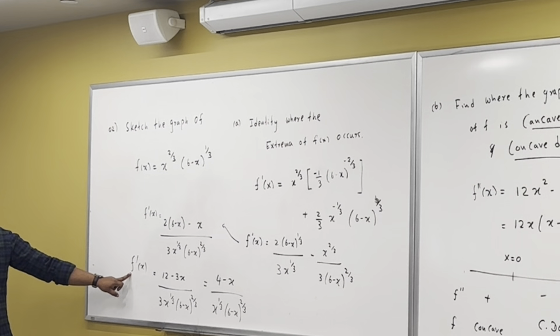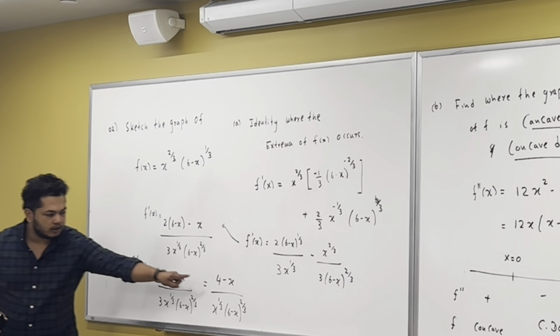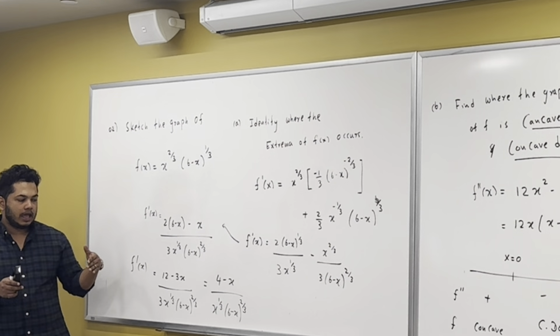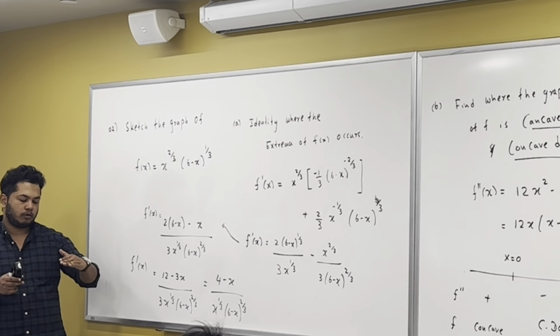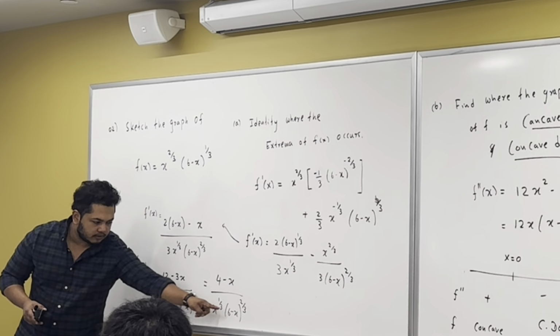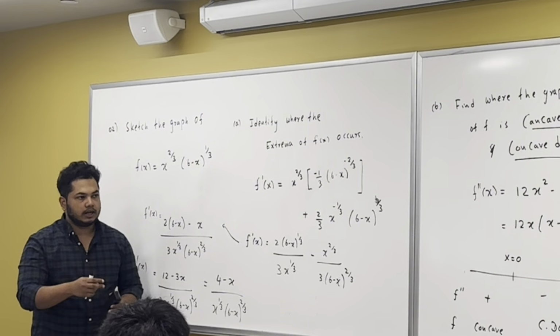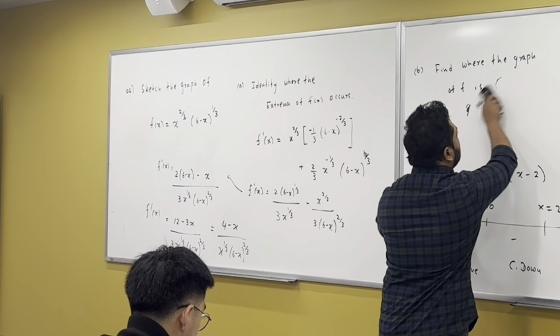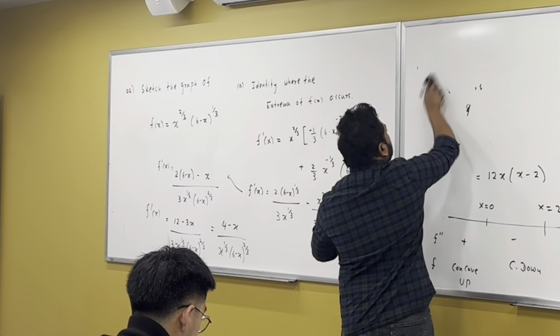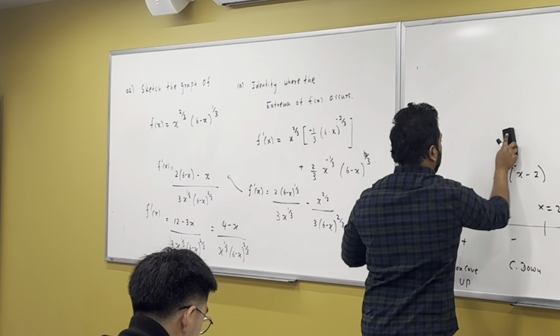Can you see all that information here? Once I take the first derivative, I know 4 is important because at 4 I have a turning point. Maybe it's a minimum or maximum or inflection point. 0 and 6 give you a vertical tangent line actually. So this is what I'm going to do now.